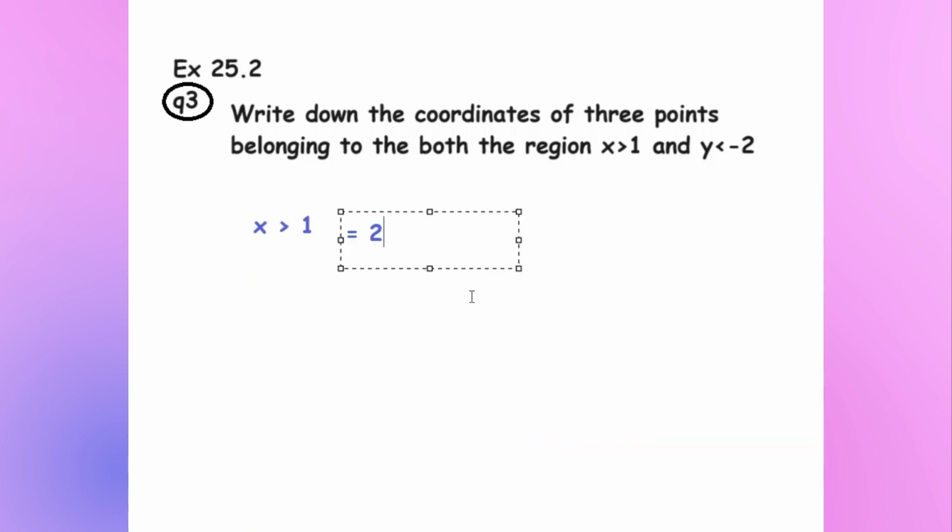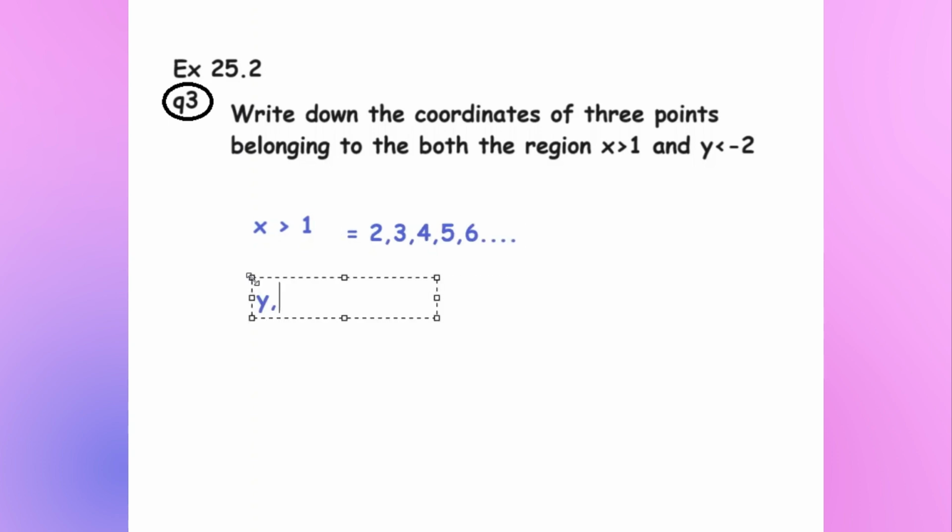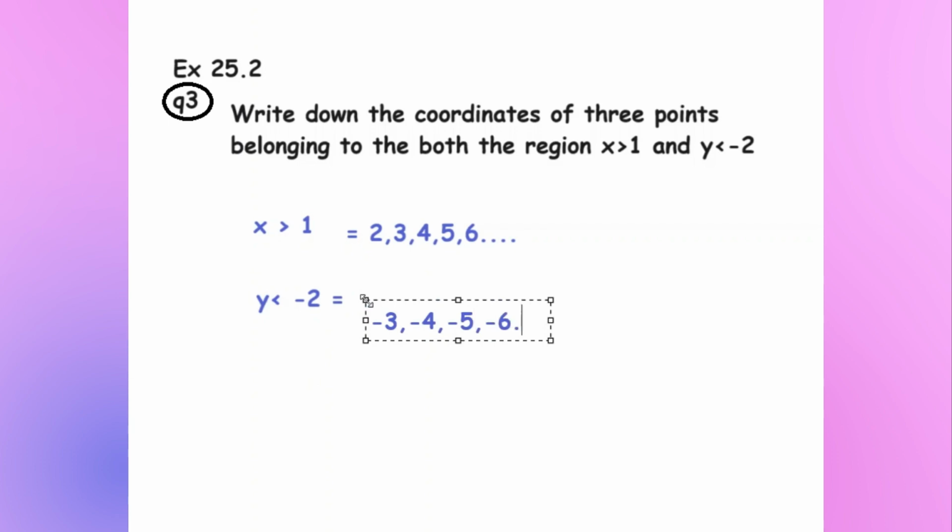The values are 2, 3, 4, 5, 6, all positive numbers more than 1. Next, y less than minus 2. The values are minus 3, minus 4, minus 5, minus 6, all negative values less than minus 2.